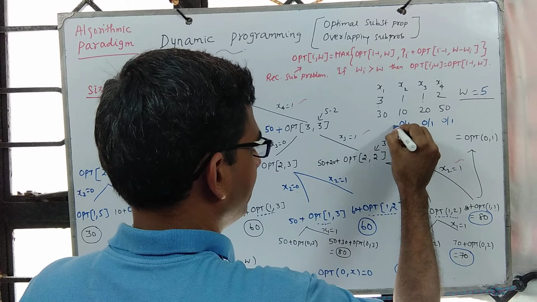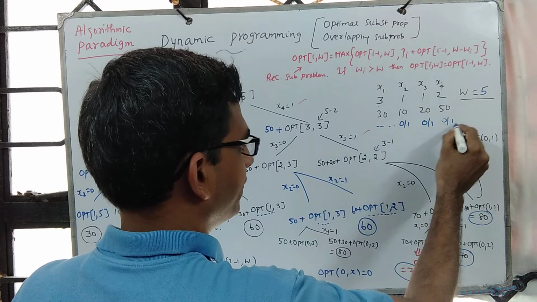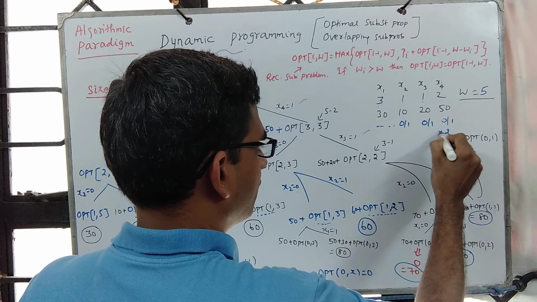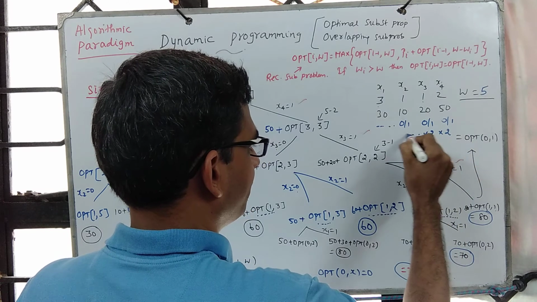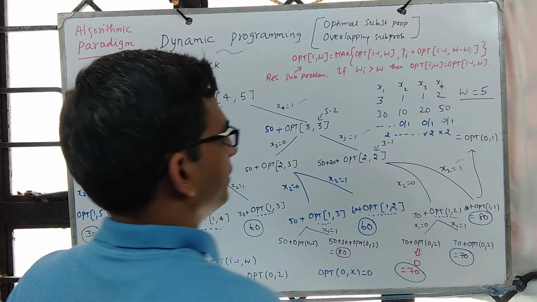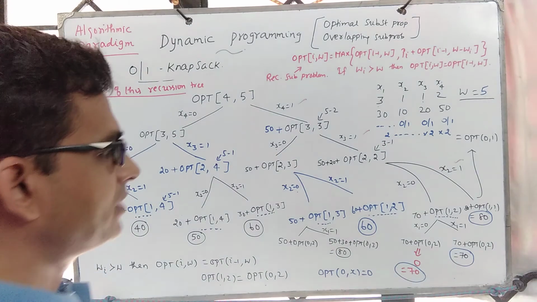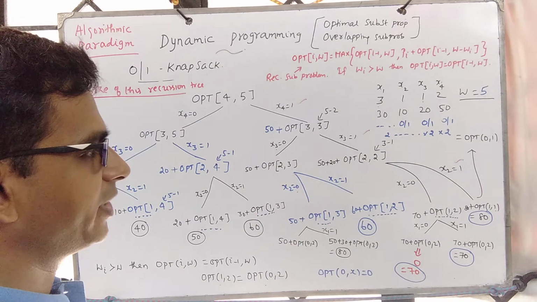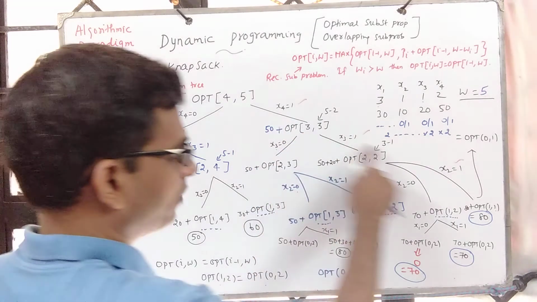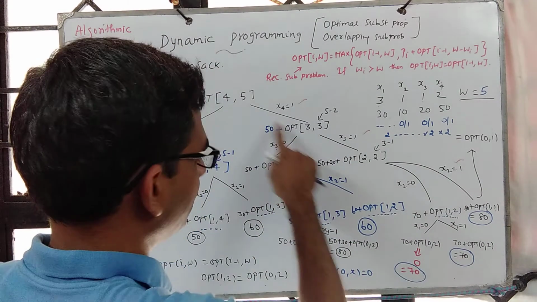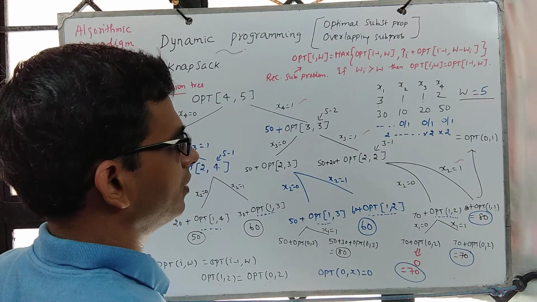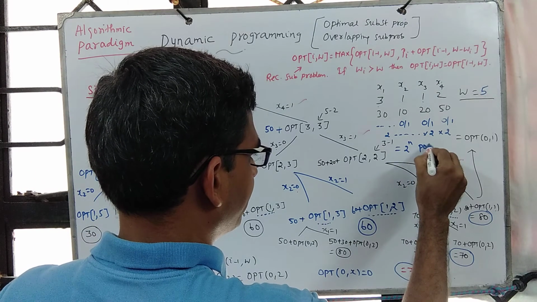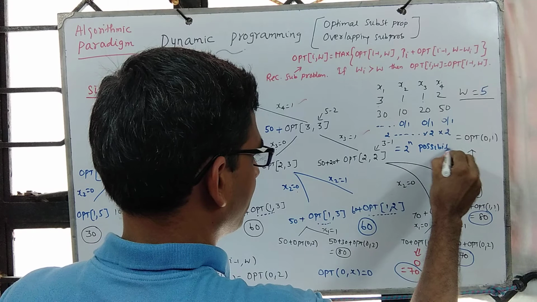So like that we are seeing for each of them: exclude, include, exclude, include and so on. So each one has got 2 possibilities. Correct? So if there are n variables, then there will be 2 power n combinations. So this will give you one combination, this will give you another combination. So there will be 2 power n possibilities if there are n variables.